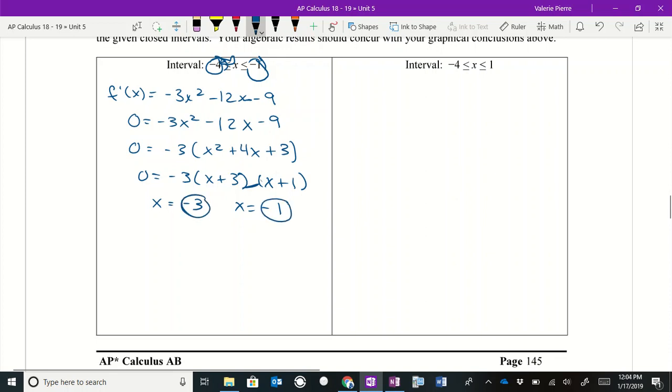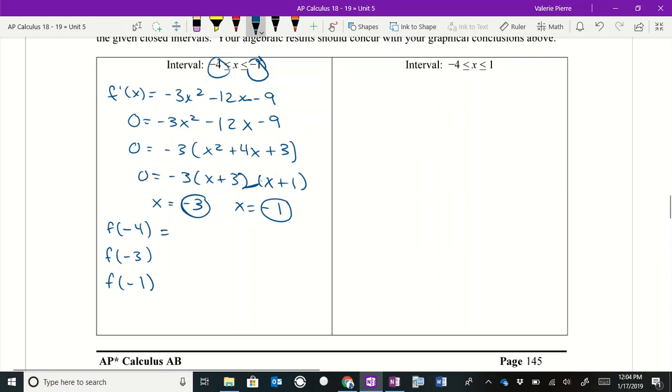And since we don't have any points where the derivative would be undefined, we don't have to look for those values. So we need to figure out the value of the function at these values of x. We need the value of the function at -4, at -3, and at -1.